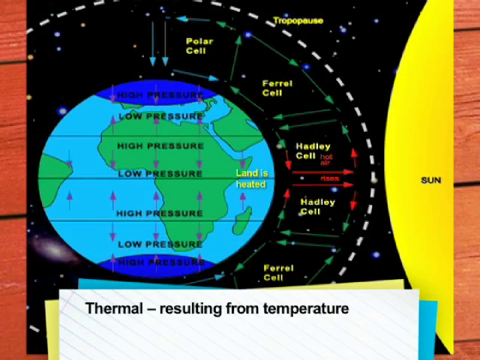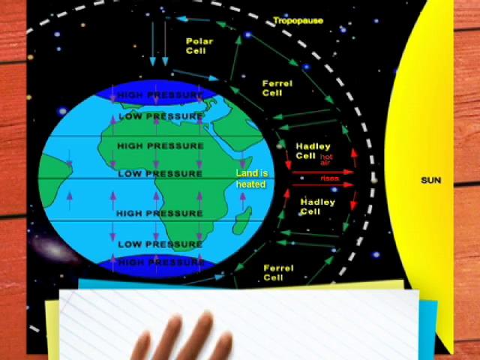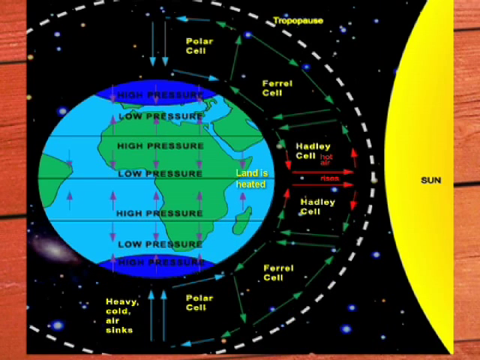At the poles, the air sinks because it is cold and heavy, causing high pressure on the ground, that is descending air. This air moves towards the polar circles, but as it is cold and heavy, it forms a wedge. This wedge forces the warmer but still cool air from the tropics to rise over it, thus completing the polar cell.